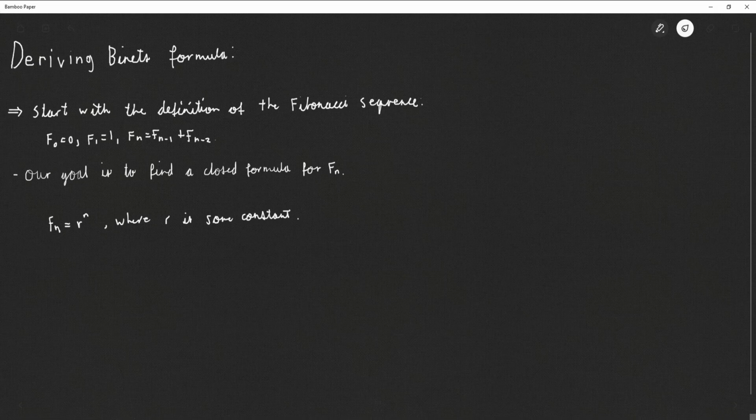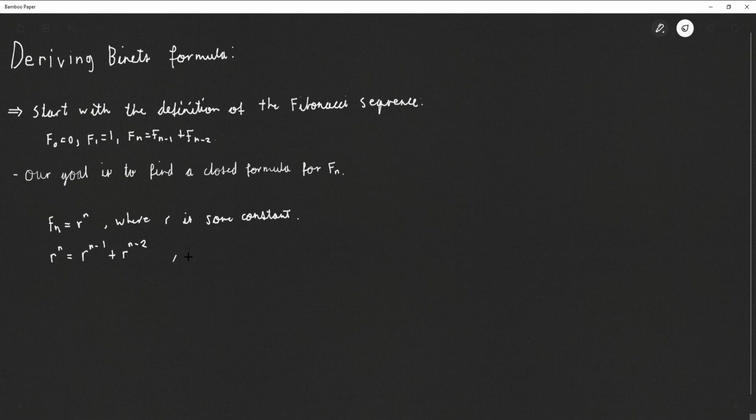Now, we're able to use a standard trick from exponential sequences as they behave nicely under shifts, so that we're able to plug this into the recurrence. So we get r to the n is equal to r to the n minus 1 plus r to the n minus 2.